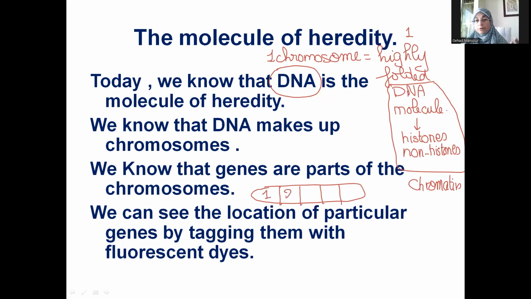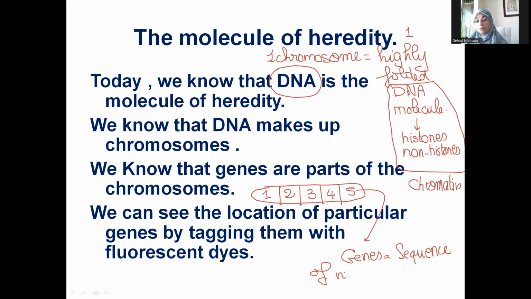For example, gene number 1, gene number 2, gene number 3, 4, 5, etc. Of course, the chromosome contains a much bigger number of genes. And those genes or alleles are nothing but a sequence of nucleotides. So they constitute a part of the DNA molecule.